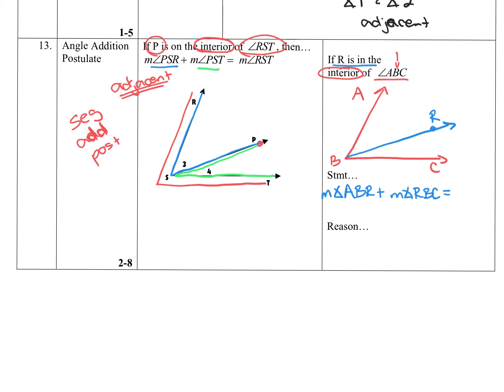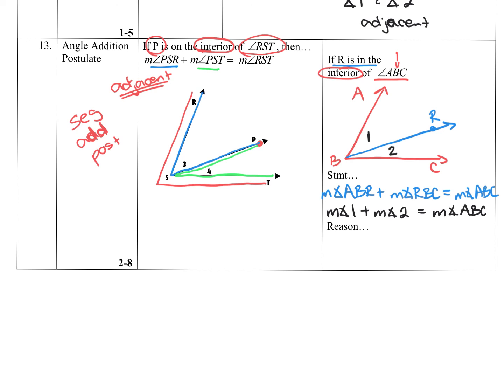So the two small angles will equal the big angle. So we're going to say the measure of angle ABC. Now, I personally feel that this is a lot of letters, and this gets really, really confusing for me. My brain jumbles those letters pretty frequently. So I'm going to call this little angle 1, and I'm going to call this little angle 2, and I'm going to rewrite this as the measure of angle 1 plus the measure of angle 2, make sure you're including those M's, equals the measure of angle ABC.